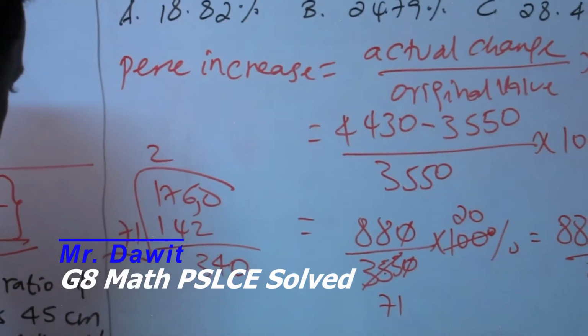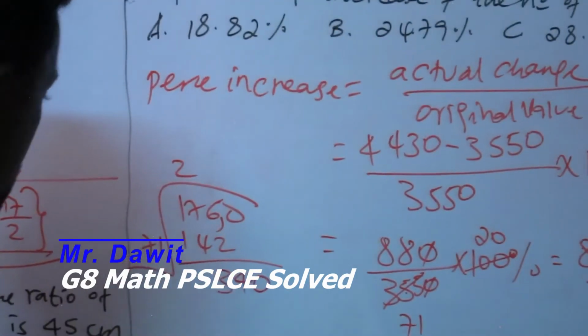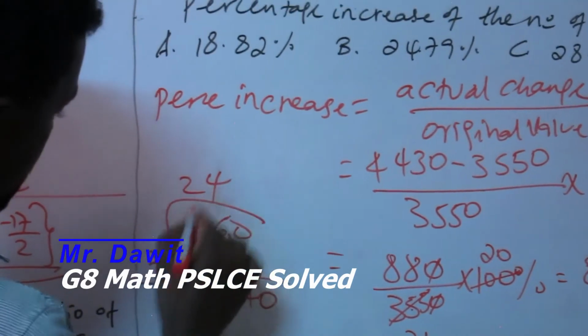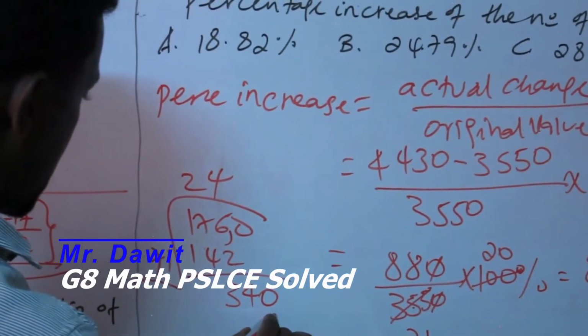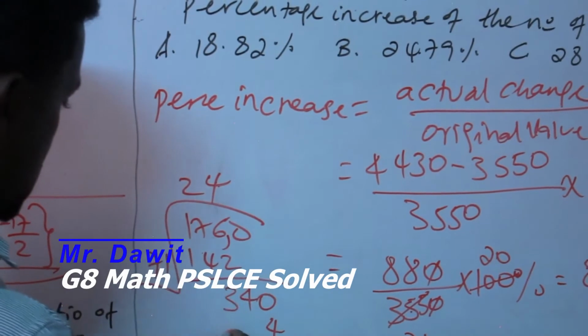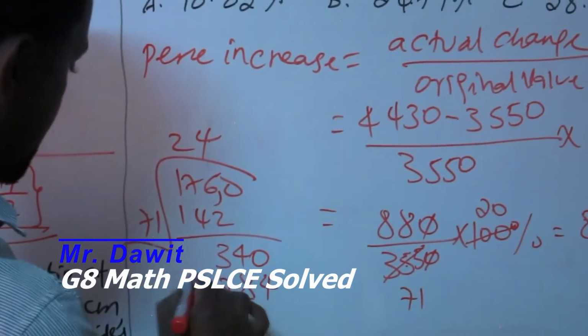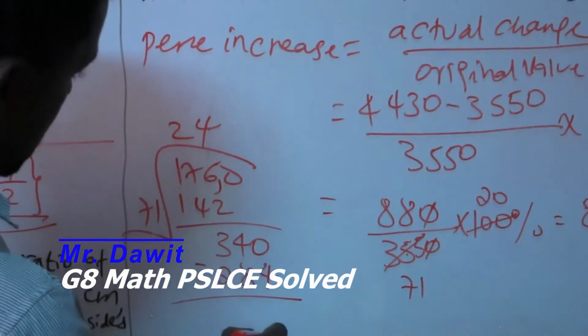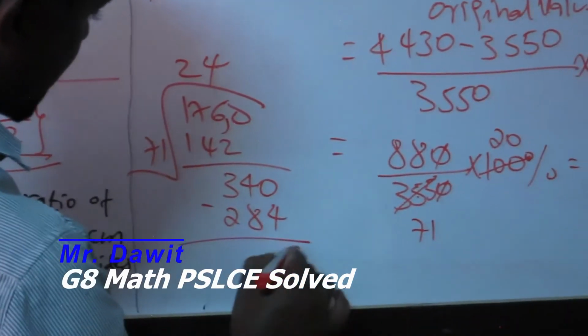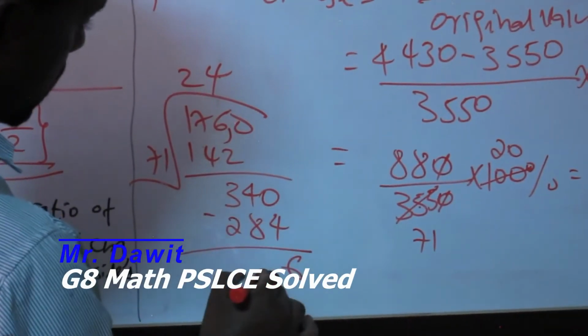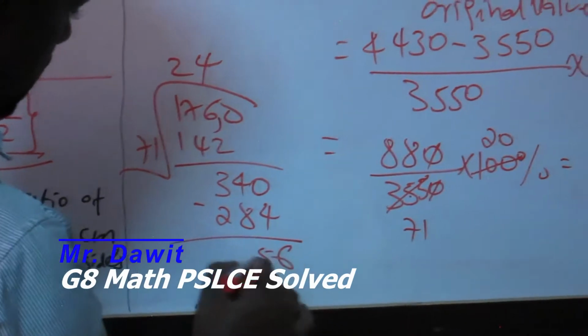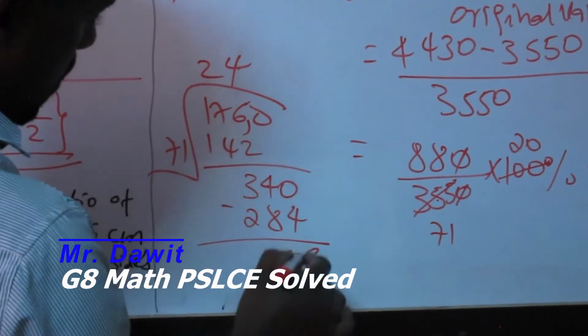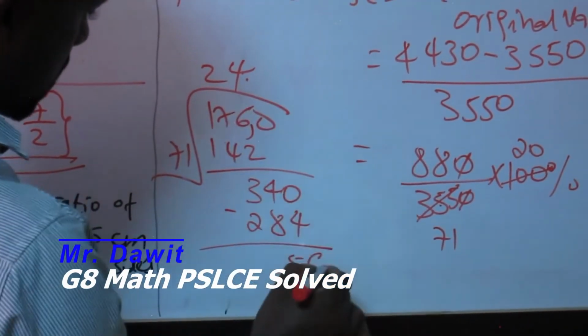Let me guess: 4 times. 4 times 1 is 4, 4 times 7 is 28. Now subtract. It becomes 56. Now put the decimal point.